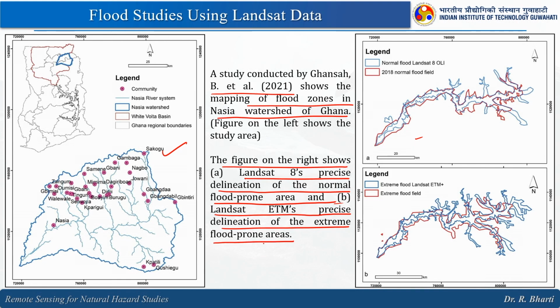Sometimes the same satellite cannot provide you all the scenes. Sometimes at that particular time there was cloud coverage, because we are talking about optical remote sensing. If there is cloud coverage, you will not be able to use them.